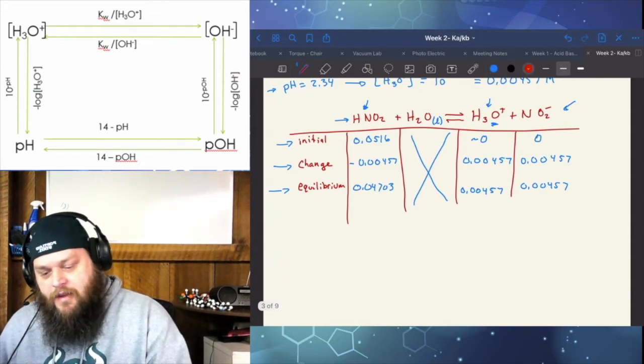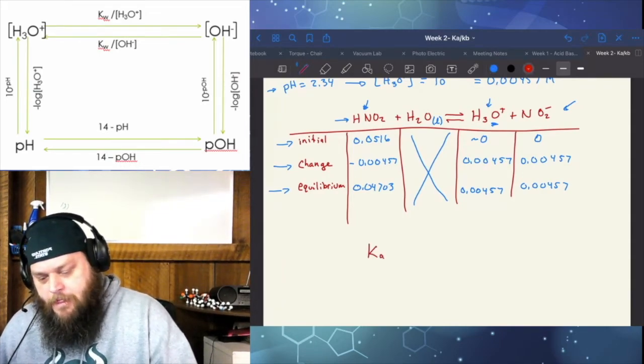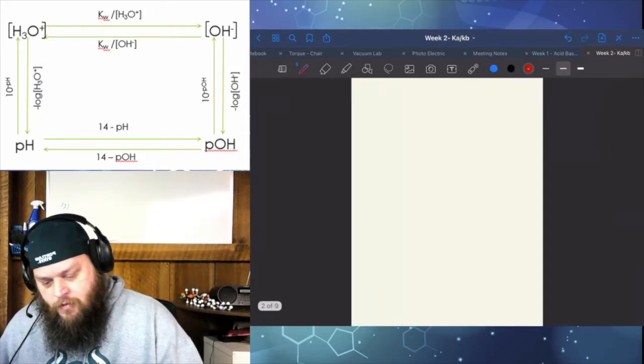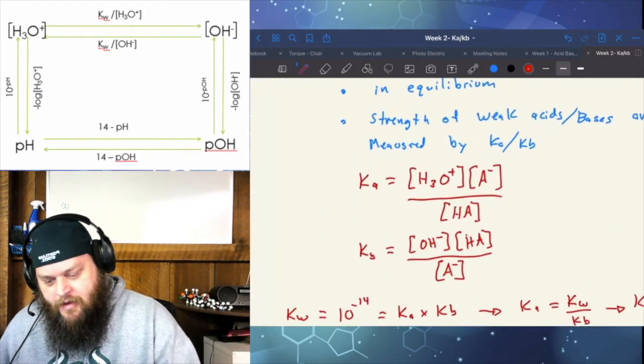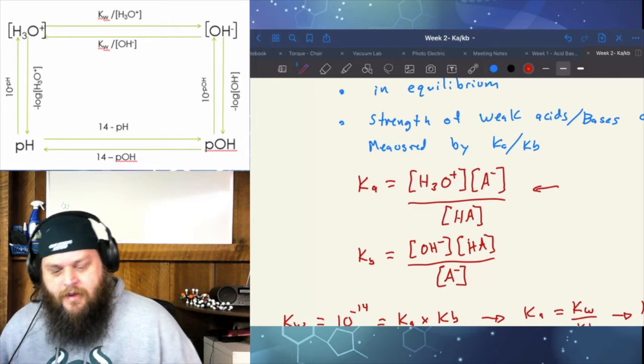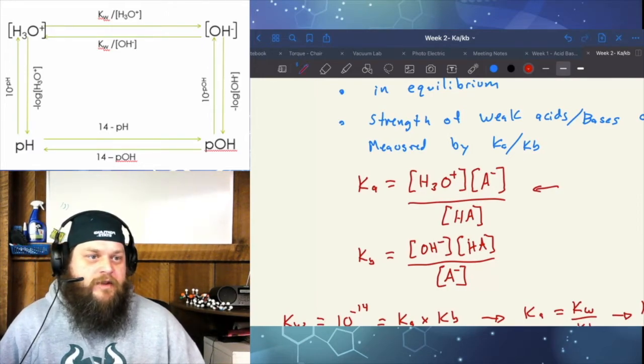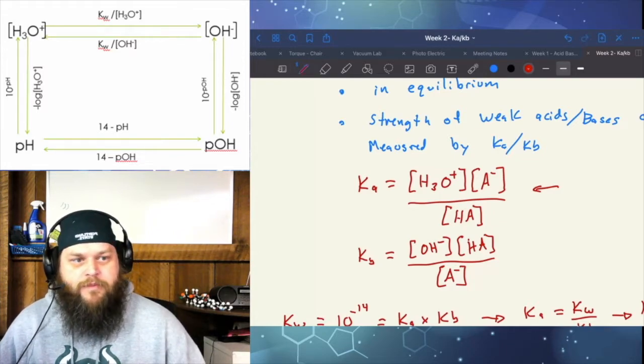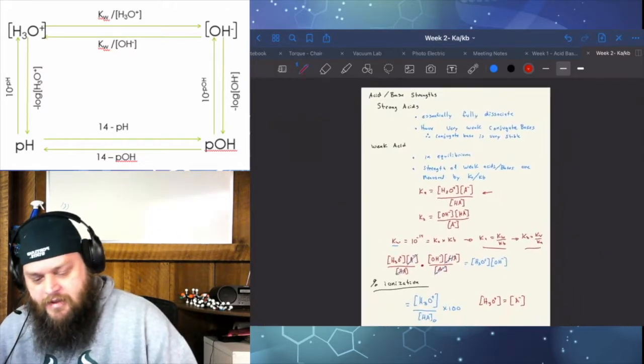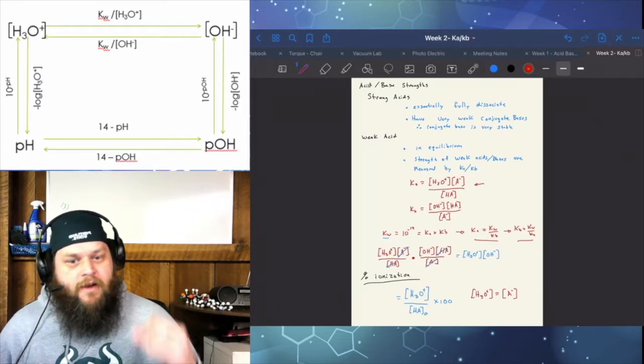So now to find our Ka value, we had that formula a couple pages back. The concentration of hydronium times the conjugate base concentration divided by the concentration of the acid. So really, it's always products divided by reactants.